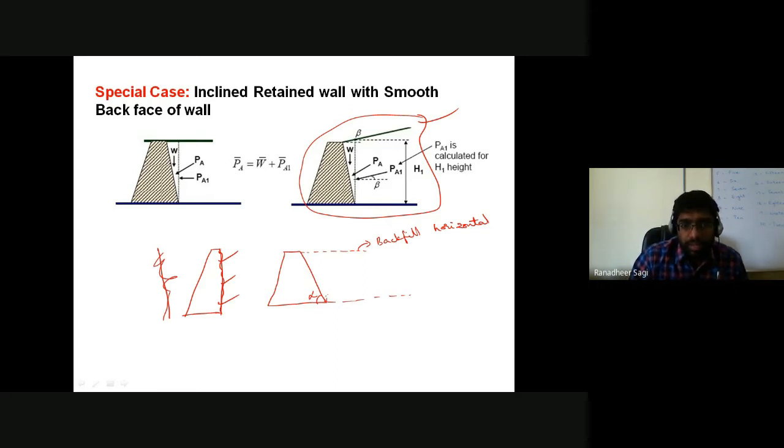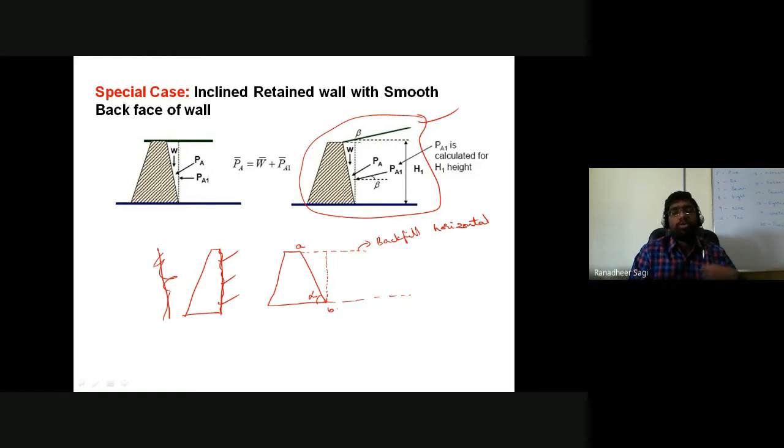But in the earlier case, the surface of the retaining wall was vertical. Now I am just indicating a simple geometry here. Let's say this surface is some surface AB.